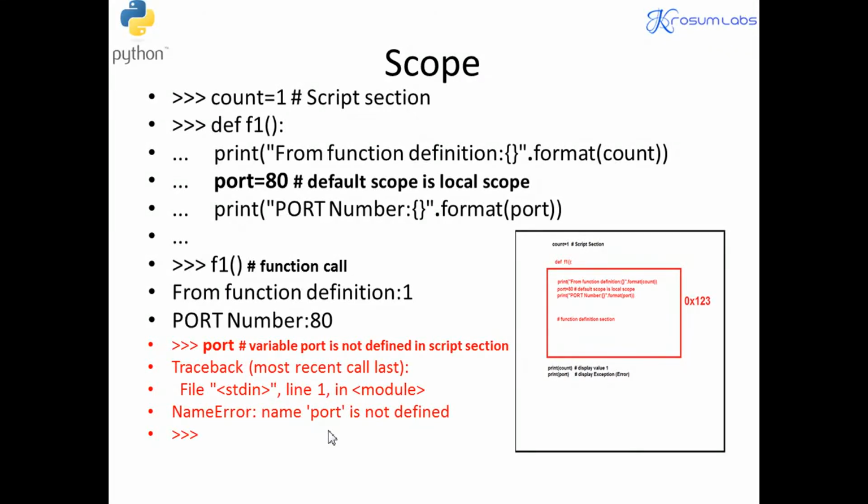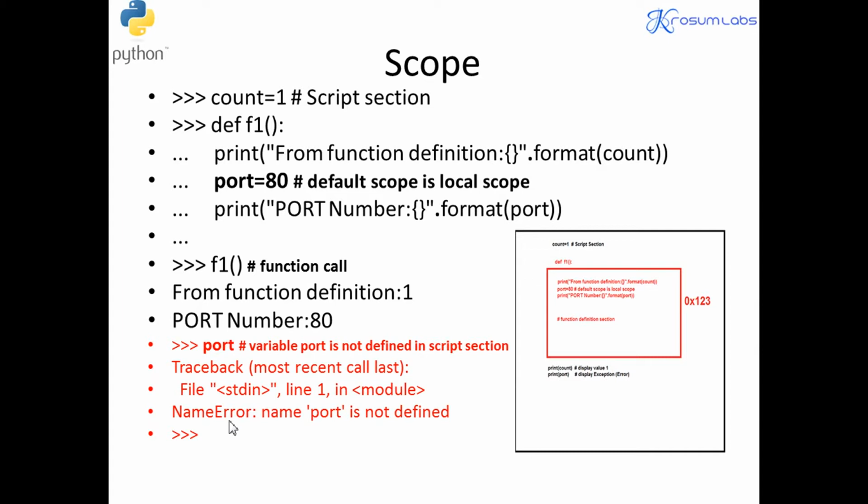Whenever the function is live or active, the data member is active. If the function exits from the code, or is not active, we can't access this function's data member or variable from outside. That's why port is displayed as an error message.